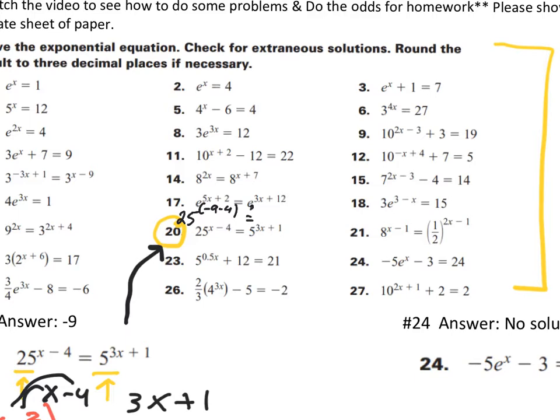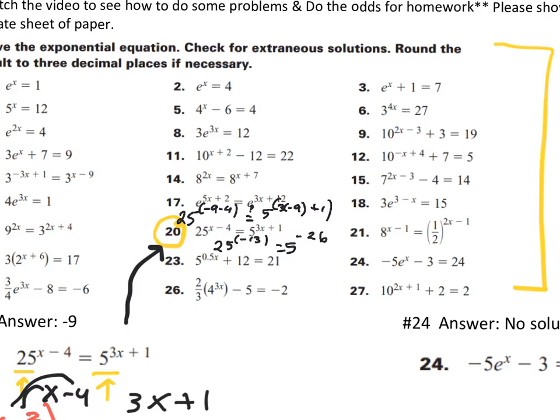And we'd ask ourselves, is that equal to 5 raised to the 3 times negative 9 plus 1? And so over here on the left, we would get 25 raised to the negative 13 is equal to, on the right side, we would have 5 raised to the negative 27 plus 1, so that's negative 26.